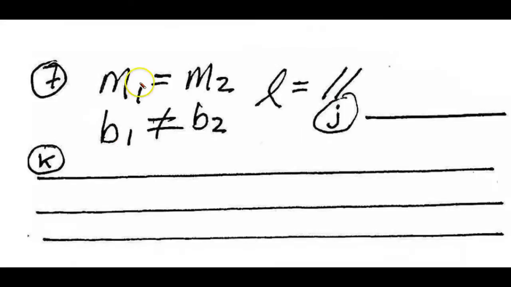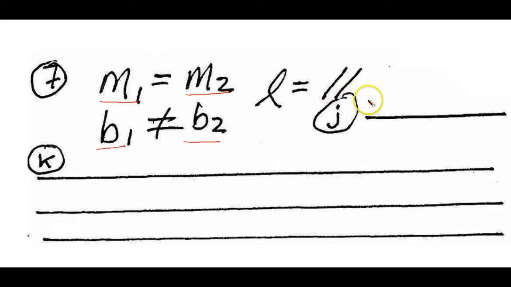Now, what we're calling formulas 7 is more of a hint. When the slope of one equation equals the slope of another equation, but your y-intercepts are different, what can we say about the relationship of these two equations? We say the lines are parallel.